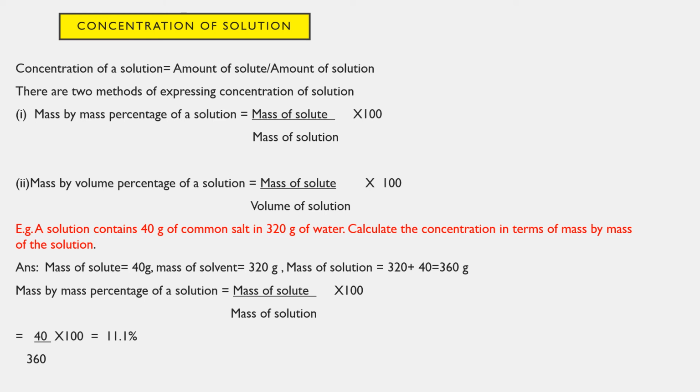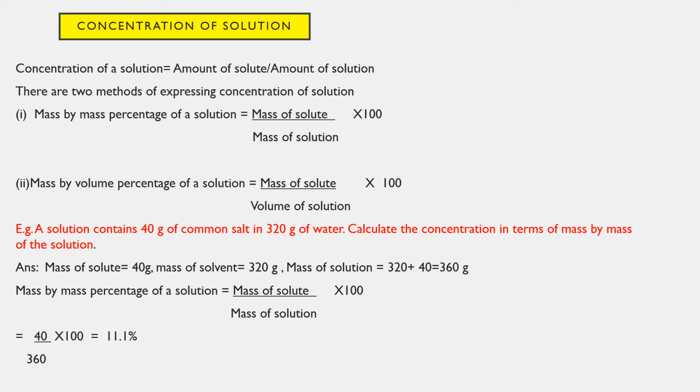Let us look into a certain concept, which is how to find out the concentration of a solution. Concentration of a solution is the amount of solute dissolved in the amount of solution. There are two methods of expressing the concentration of solution.